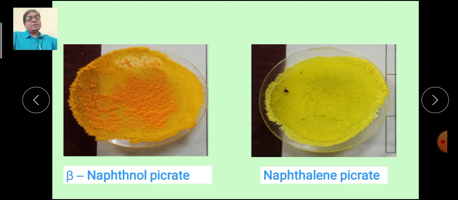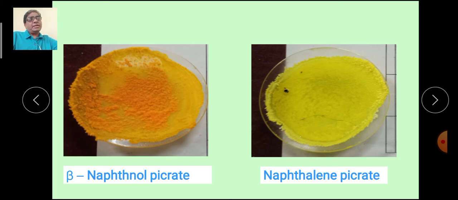Here also, this is dried. Okay, collect this and find out its melting point. Thus, the picrate derivative of phenol, that is the beta naphthol, is prepared, and also of the neutral compound naphthalene. The reagent is picric acid in benzene.